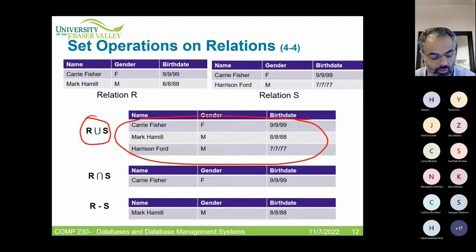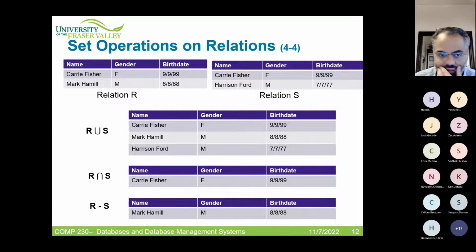When we talk about intersection, R intersection S, intersection means what you have in the first and what you have in the second. We are talking about the data. So which records do you have in the first and also in the second at the same time?